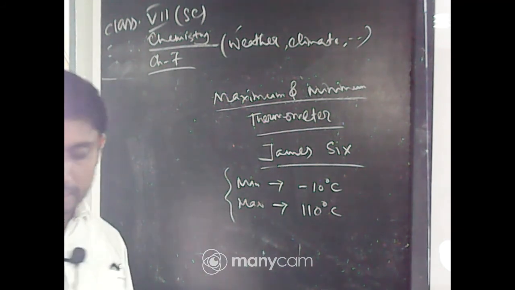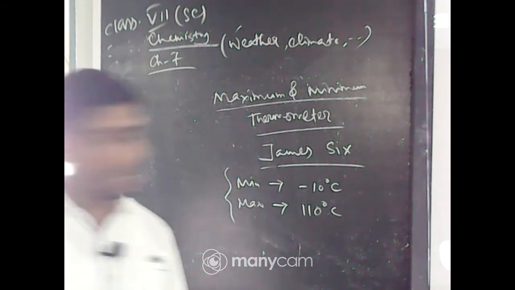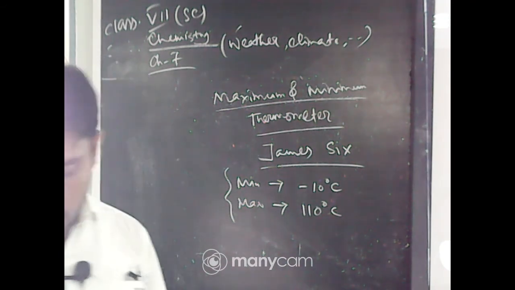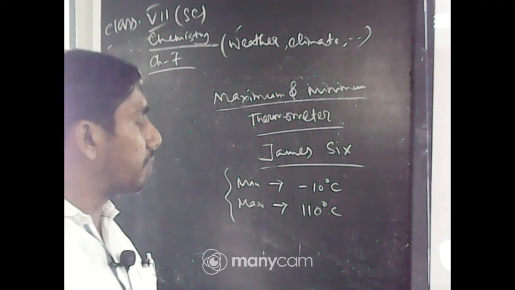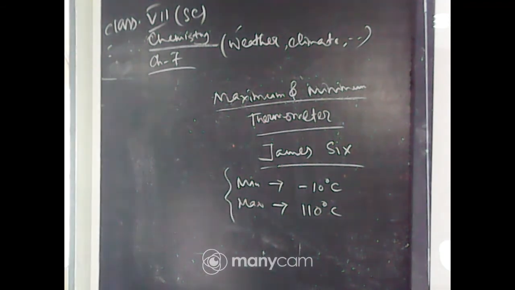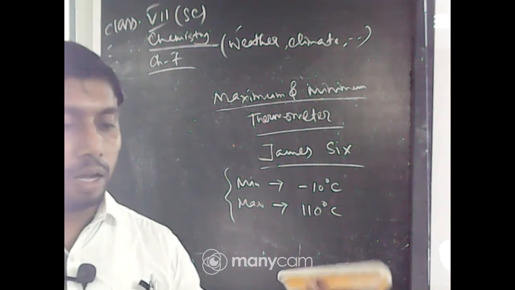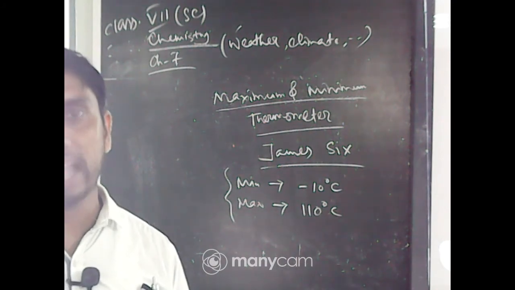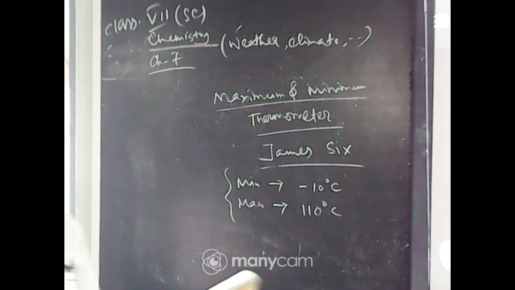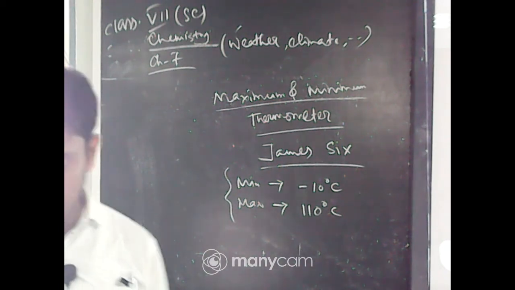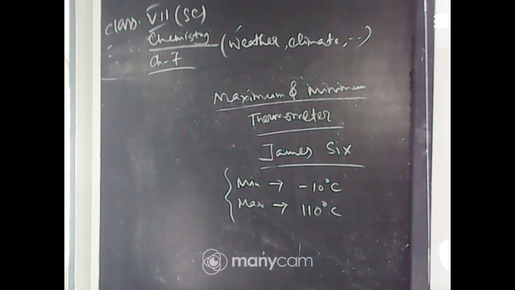Now, on page number 70, in the lower half, you can see a chart is given. Now, what about the chart? It is about the changes due to the sun. Now, the sun is the source of energy, we know it, and it is a huge sphere of hot gases at a very high temperature.